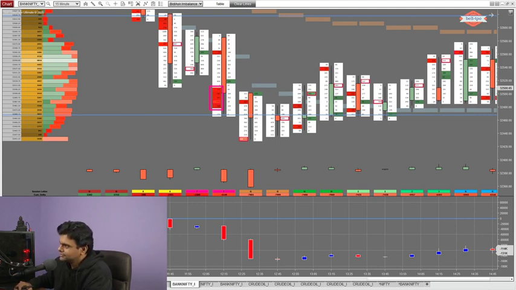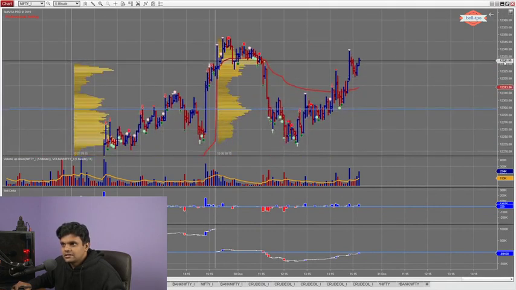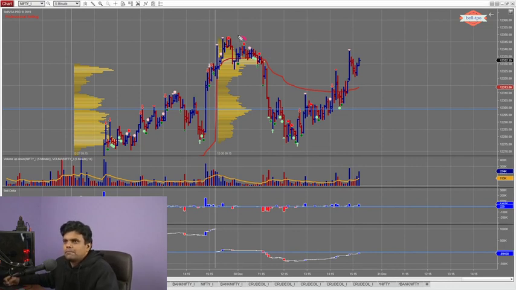Navin is saying, we can't take a trade as soon as VWAP crosses because it's a high risk when it's test. Can we take a trade? Yes, but when is VWAP crossing is also an important question, Naveen. Right? Like in this case, you had a lot of background which told you that sellers were getting the better of buyers, and when it breaks and then pulls back, you could have immediately shorted here.